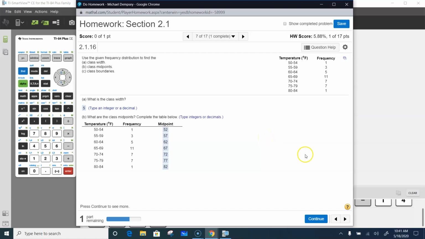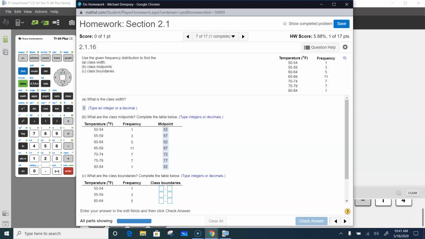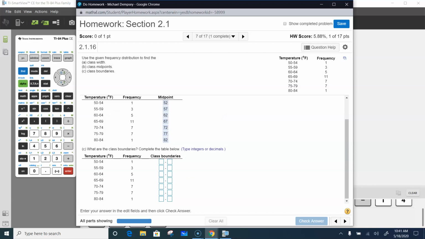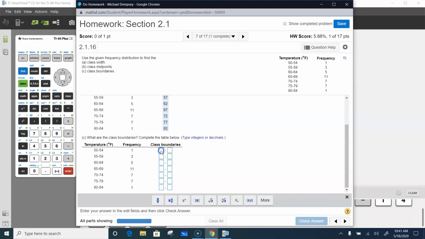And now remember the boundaries. The next part is what are the boundaries, right? So if I wanted to bound 50, we know 50 to 54 live in that interval, so the appropriate boundary for 50 would be 49.5, right? 49.5 doesn't live in that interval, and then this is going to go up to 54.5, okay? The next class boundaries would be 54.5, right?